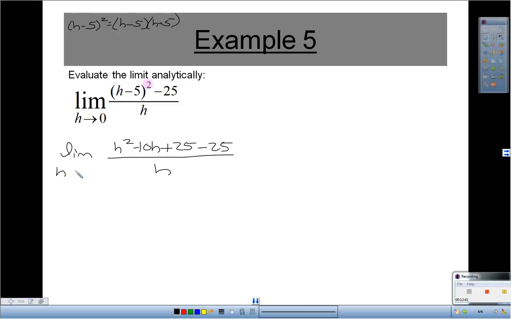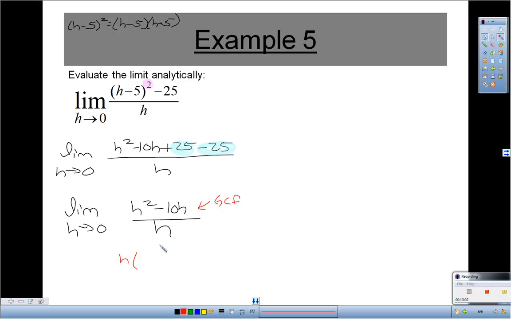And then you're probably thinking, well, that didn't help anything. Well, notice what I have here. I've got a positive 25 and a negative 25, so they cancel each other out. So that'll leave me h squared minus 10h over h. And then I notice, lo and behold, there is a GCF in the numerator, so I can factor out a common h, and so then that'll leave me h minus 10 over h.